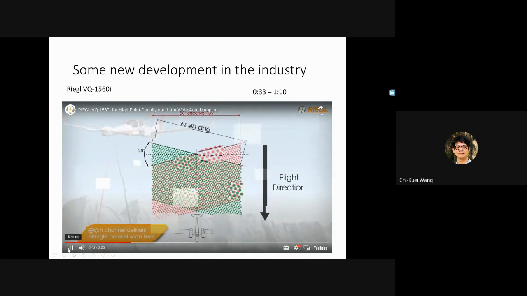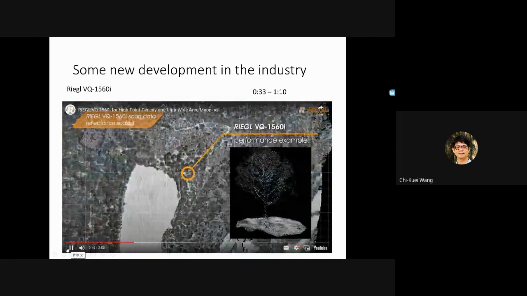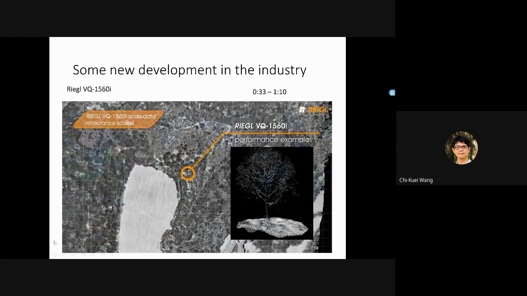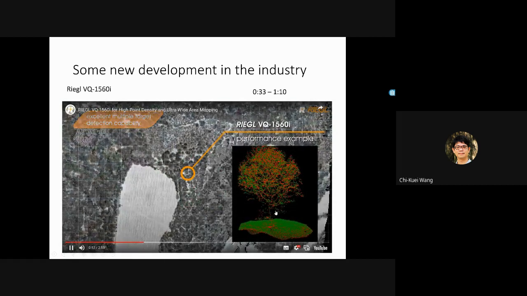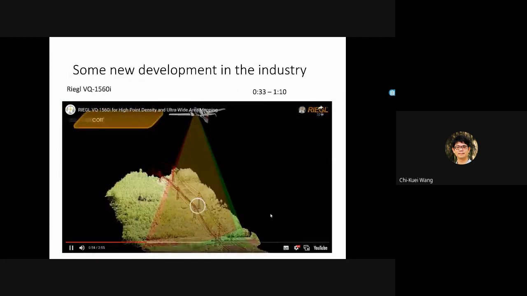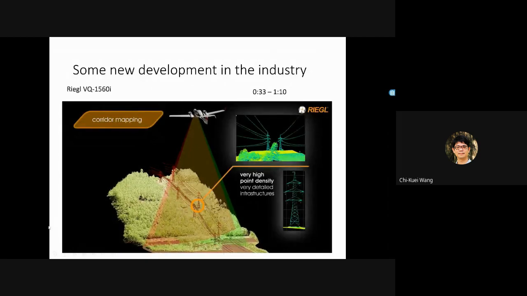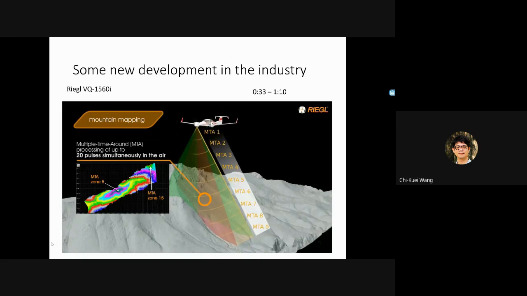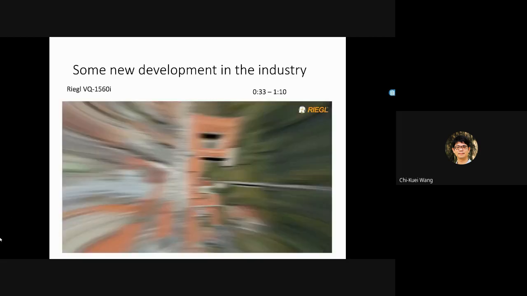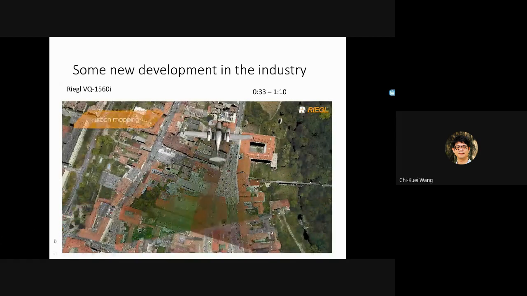As a result, you will see very good data. Very dense data, and it will cover a lot of angles. That's actually what they want to say. They can cover a lot of angles.